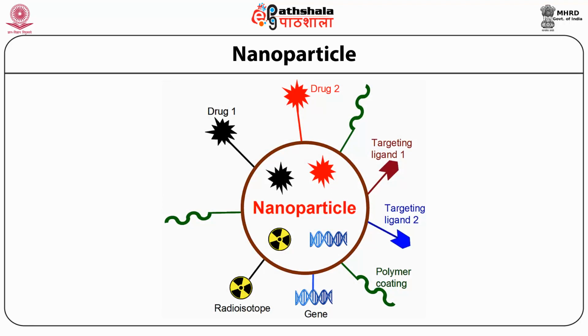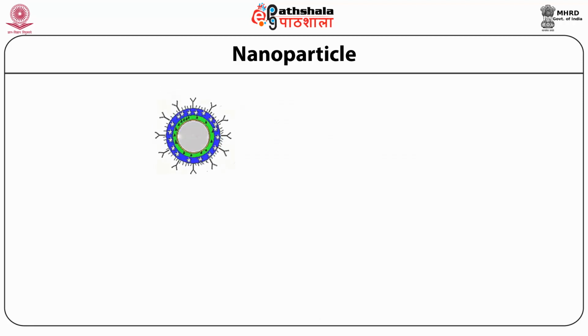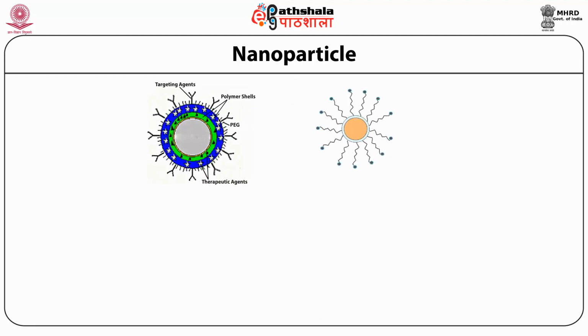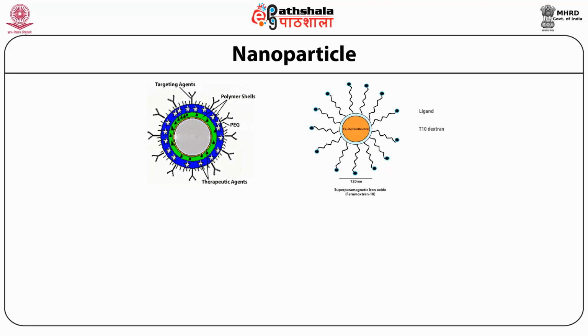It may be impregnated with drugs as shown here, or radioisotope materials or genes. These drugs or biomolecules or any other specific ligand can be coated on the outer surface of the nanoparticle. A nanoparticle may be designed to carry more than one drug or targeting ligand. Here is the case of iron nanoparticle and superoxide nanoparticles.